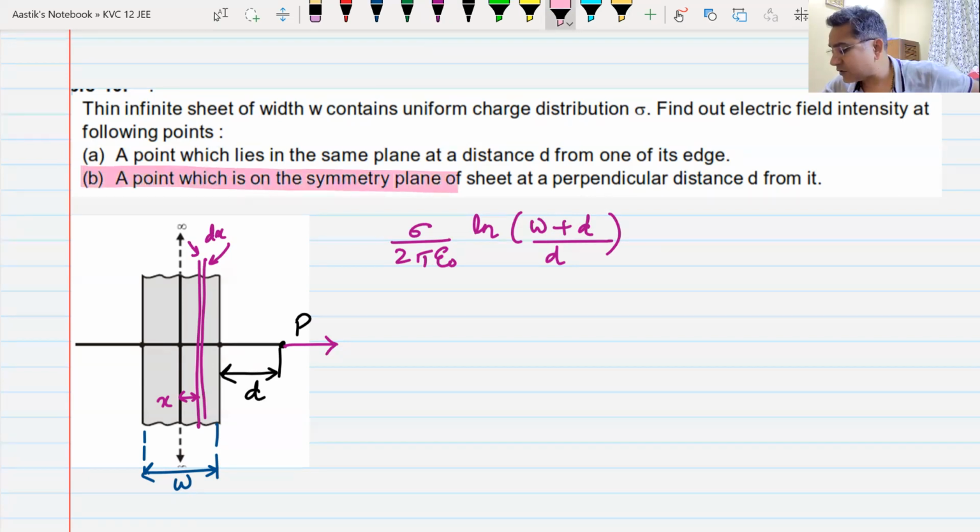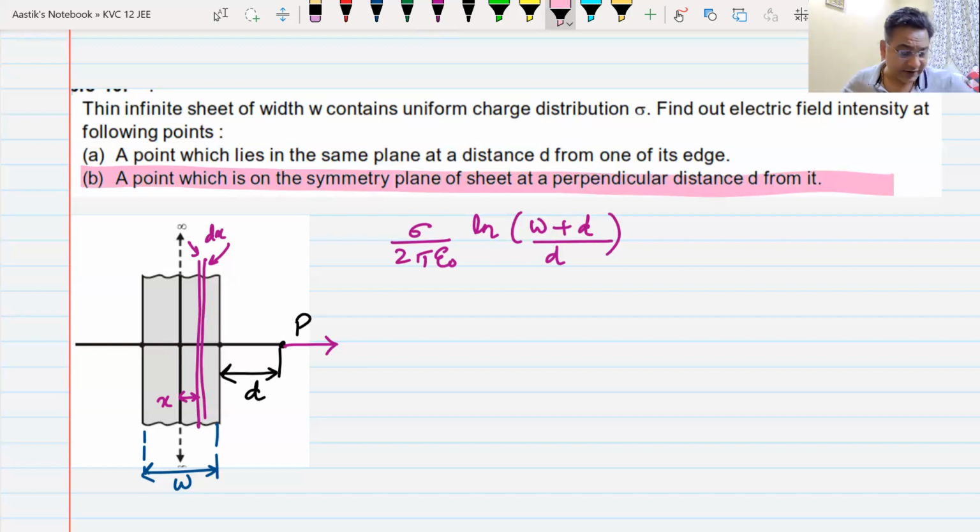The next part of the question is like this. Now, it might be difficult for you to imagine it, so I can help you in imagining it. If this is your sheet, and I'm assuming it to be infinite in this dimension, and it has a width W in this dimension.